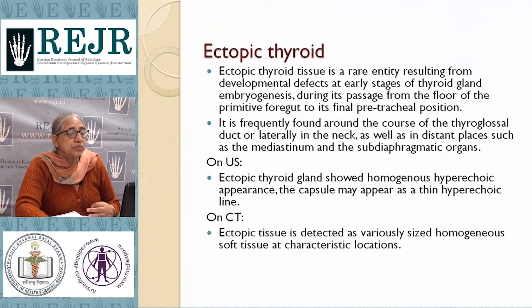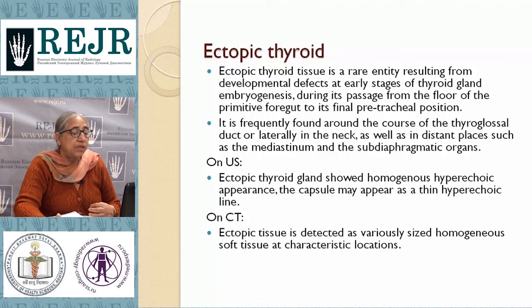Ectopic thyroid tissue is a rare entity resulting from developmental defects at early stages of thyroid gland embryogenesis during its passage from the floor of the primitive foregut to its final pretracheal position. It is frequently found around the course of the thyroglossal duct or laterally in the neck, as well as in distant places such as the mediastinum and the subdiaphragmatic organs.